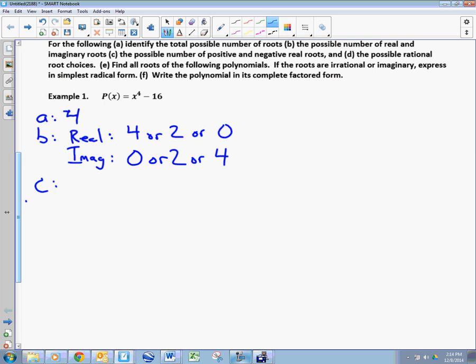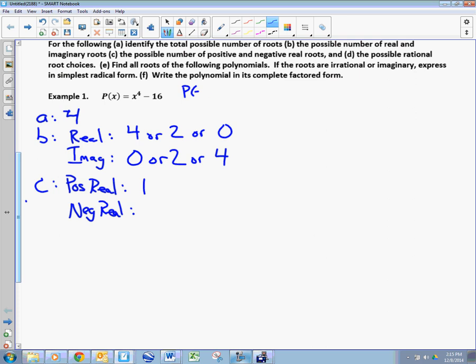C says the possible number of positive and negative real roots. Positive real and negative real. How do you determine the number of possible positive real solutions? Number of sign changes. How many sign changes are there? 1. Let's now look at the number of negative sign changes for negative reals.